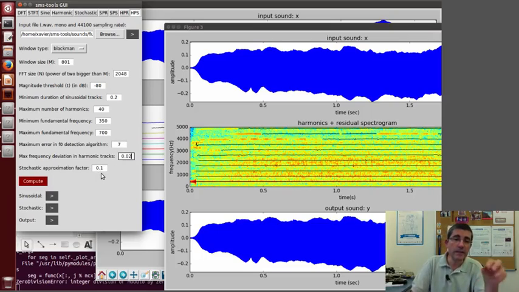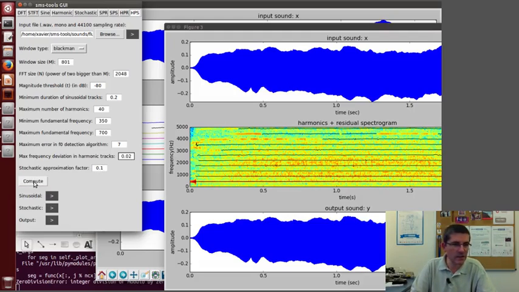Now the parameter that is specific for the stochastic analysis is the stochastic approximation factor, and by default it is 0.1. So it means that it reduces the whole spectrum by 90%. It will quantize the resolution to 1/10 of what it originally was.